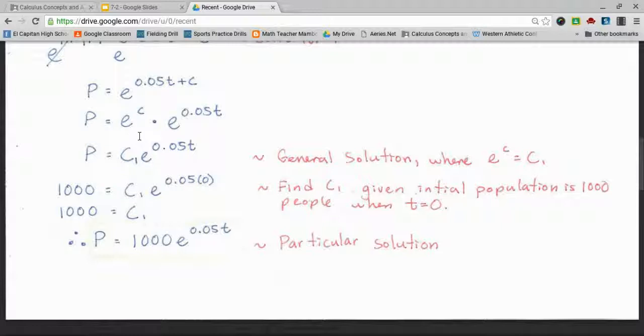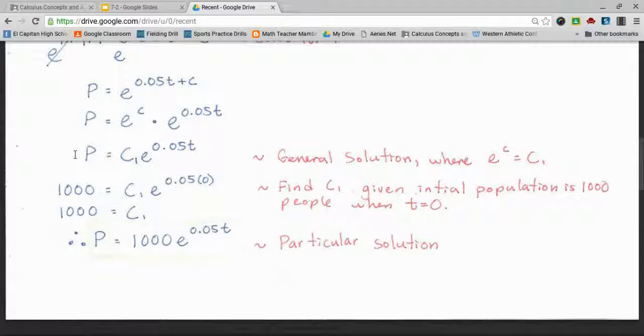You don't really have to, but a lot of people use it just to keep track of which C is which. This was the C from integrating. Now this is your C for your general solution. But that's it. So now we have a general solution where our population equals C times e to the 0.05t.